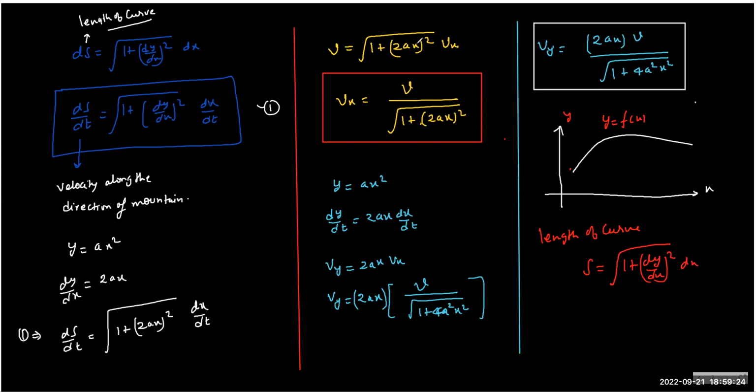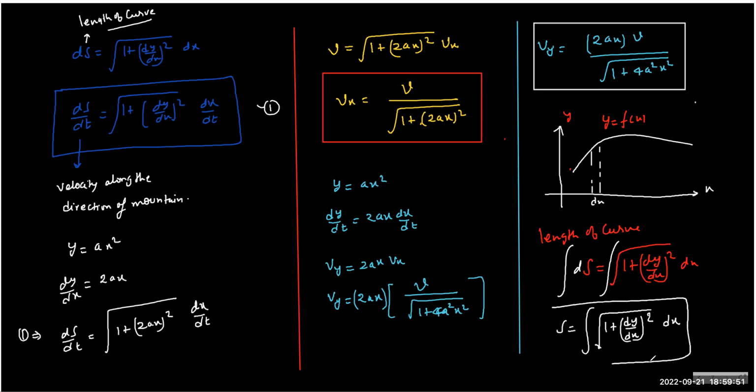We have to add all such values because this is for the dx part. The dx part will have this much length, so to find the net value we do the integration, which I'll teach you very soon, and we get the answer as something like this. We are going to use some of this in future, not now.